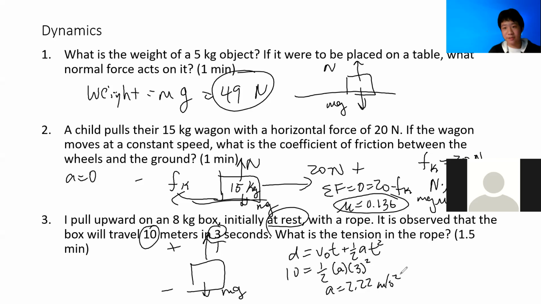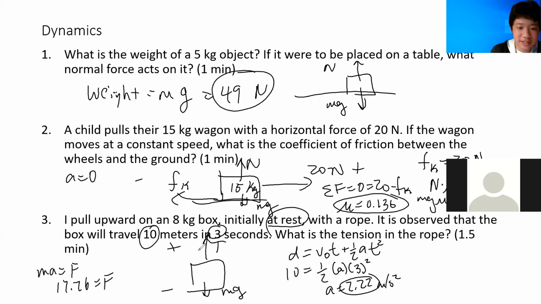So this is the net acceleration of the box. So now this acceleration times its mass will equal the sum of all the forces, right? F equals ma. So ma equals F in this case. So 2.22 times 8, 17.76 is the net force on this box.